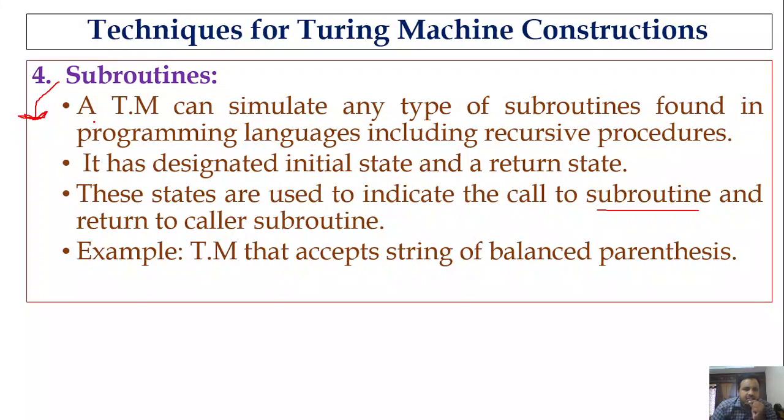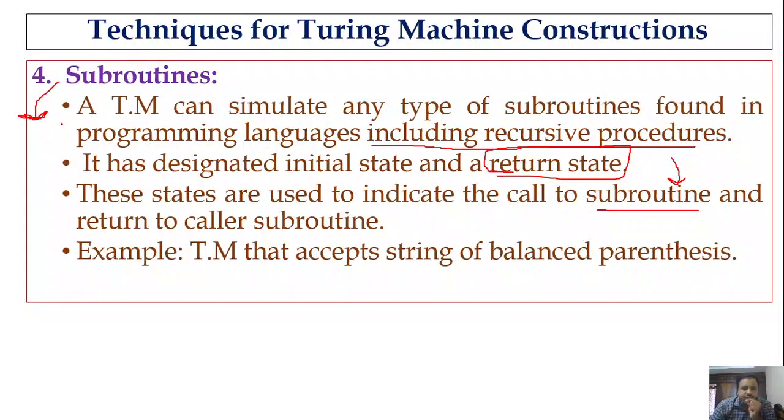A Turing machine can simulate any type of subroutine found in a programming language, including recursive procedures. It has a designated initial state and return state. The return state is more important. These states are used to indicate the call to the subroutine and the return to the caller.